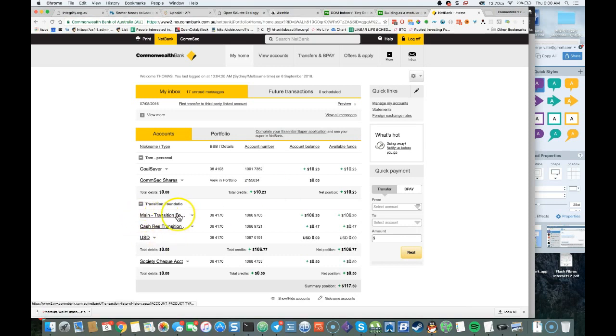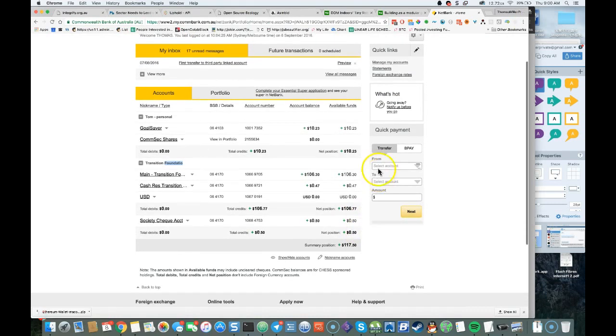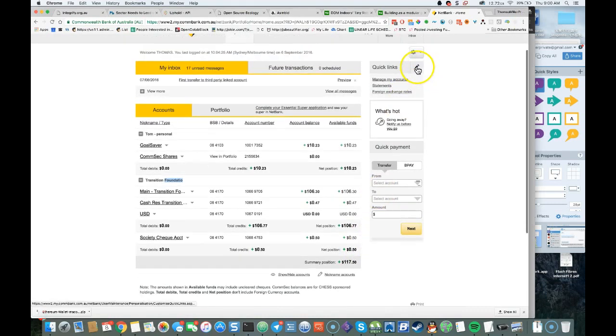So there should be a section about available statements. Well, it's on the right, quick links, statements. So that's the account there, Transition Foundation, that one there. So quick links. Where did you see that? You see the statement.